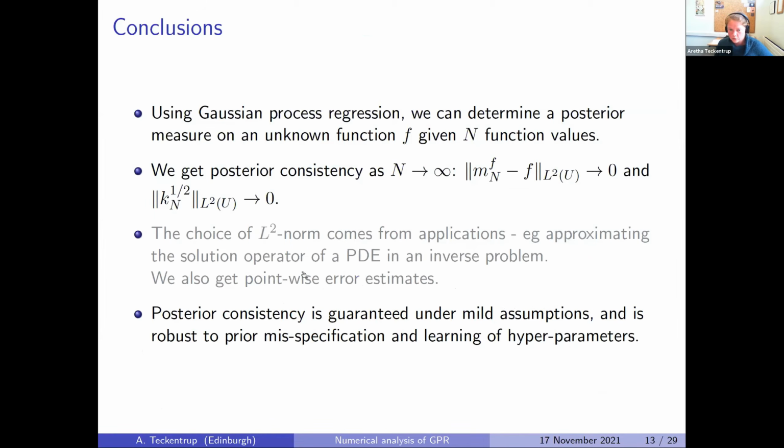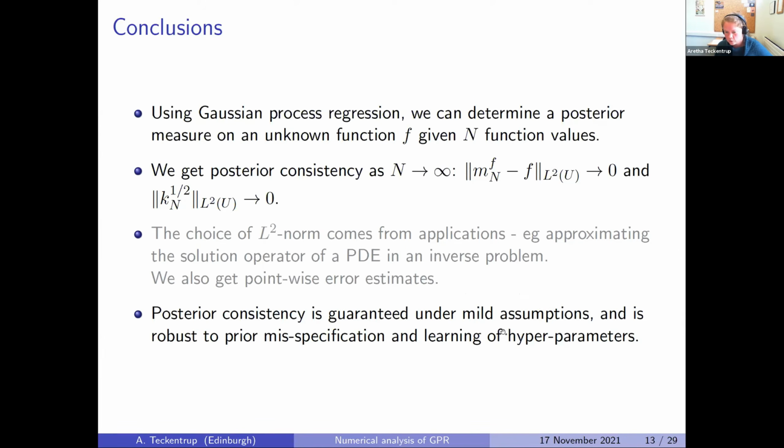Right. So this is just a quick summary of this part. So we looked at the Gaussian process regression, in particular, what happens as n tends to infinity. And the conclusion that I want you to take away from this is really that it does work in most cases, right? So this posterior consistency, so that as n tends to infinity, you recover the truth, that is guaranteed under very mild assumptions.